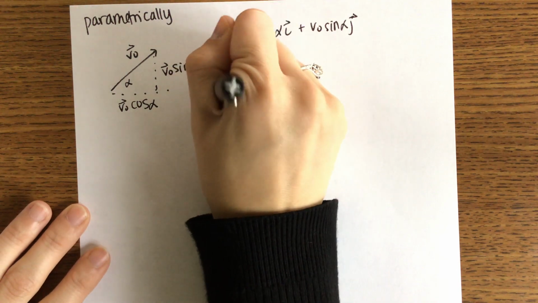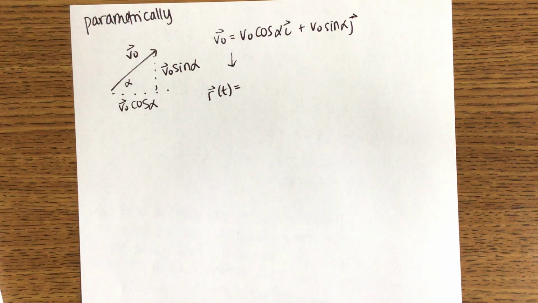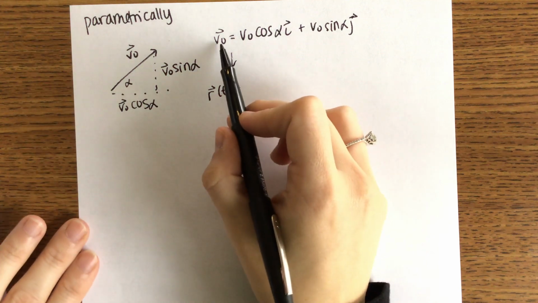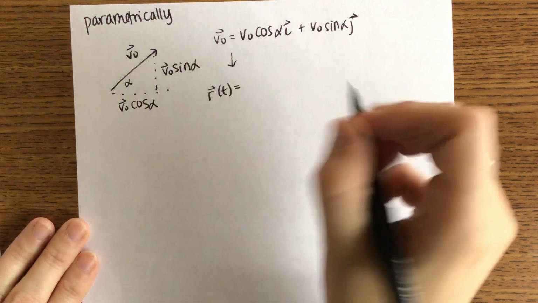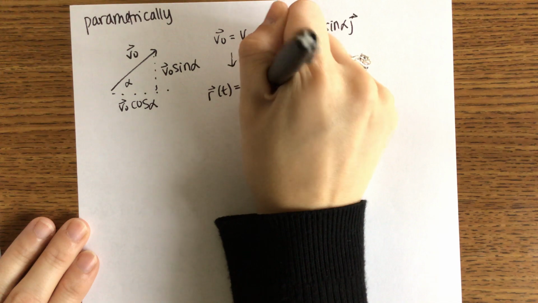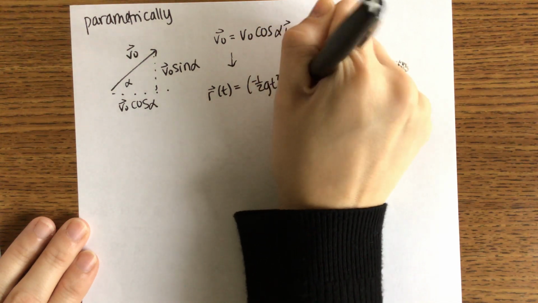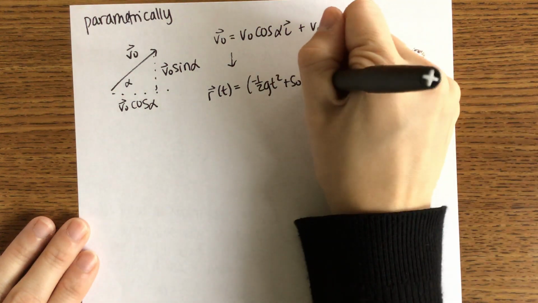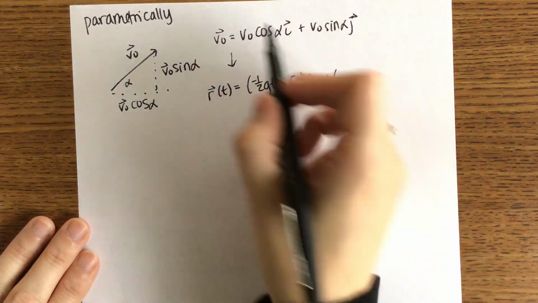Going back to our r of t then, we're going to replace the v naught with all of that. So we get negative 1/2 g t squared plus s sub 0 times j plus t times v naught, which is all of that.